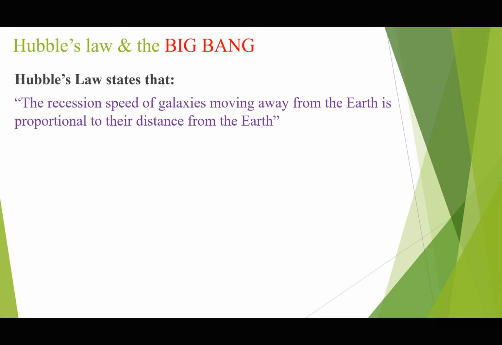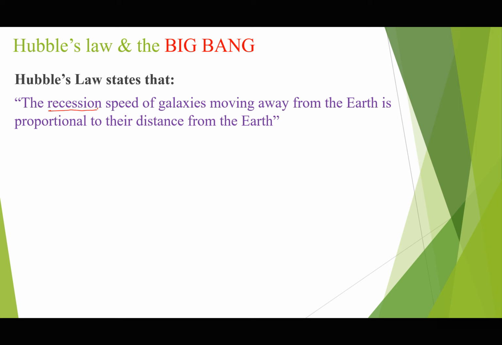The word recession in this case means to recede, to move away. The speed with which galaxies are moving away from the Earth is directly proportional to their distance from the Earth. What does that mean? Galaxies which are extremely far away from the Earth must be moving with a higher speed.